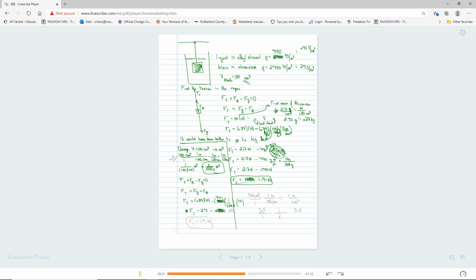Density of the fluid was 790. It helps if you copy the problem correctly. So we get 0.79, 1.91 newtons. In this scenario, when you go to the standard units to start with, you have a lot fewer unit conversions to deal with.